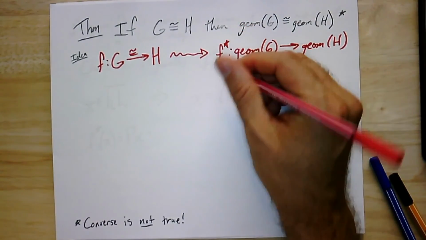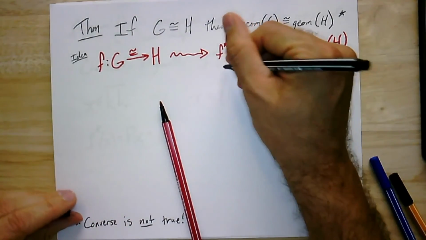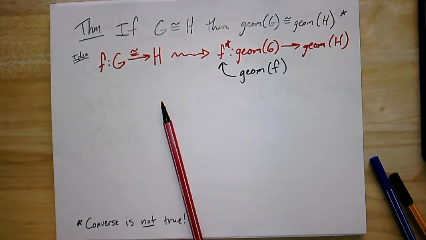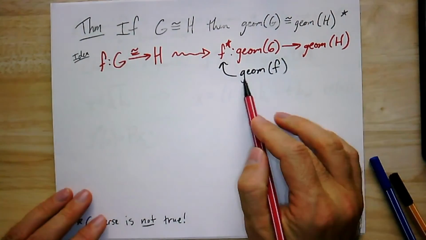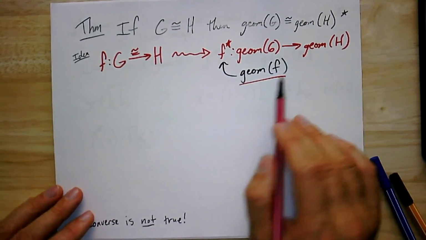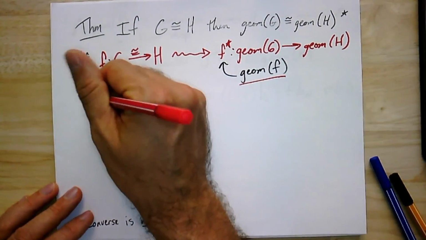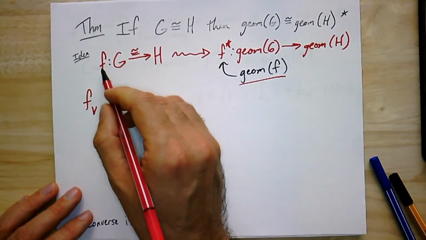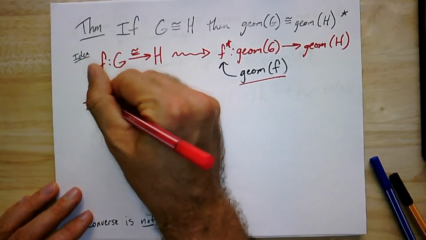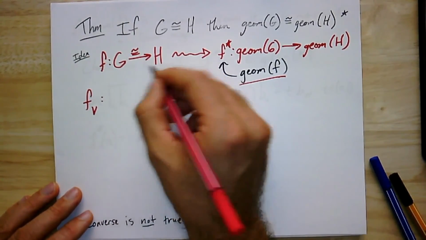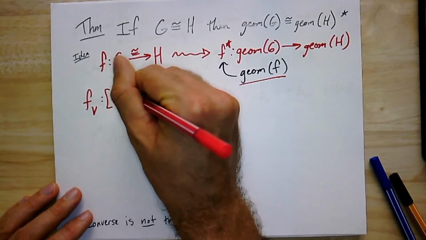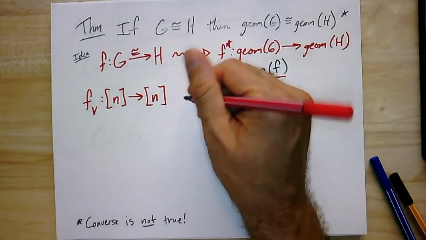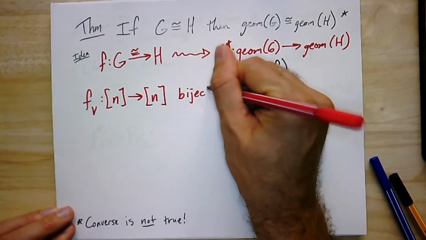You can even think of this new function as the geometric realization of f. And this will actually be a very useful idea. So here's how I can do it. I've got this function fv, because if I have a homomorphism, then it gives me a function on the vertices. And since it's an isomorphism, they have the same number of elements. So there's some bijection here from n to n.